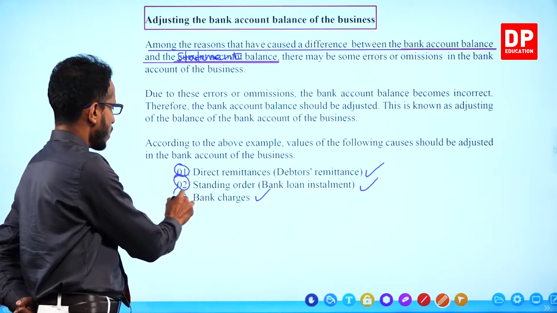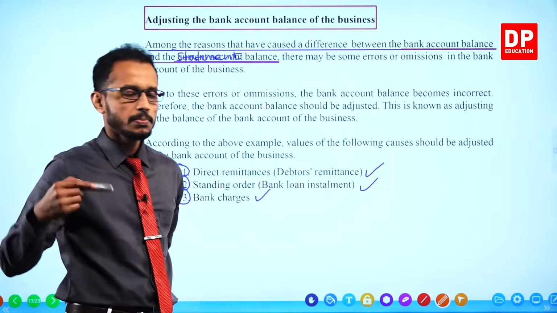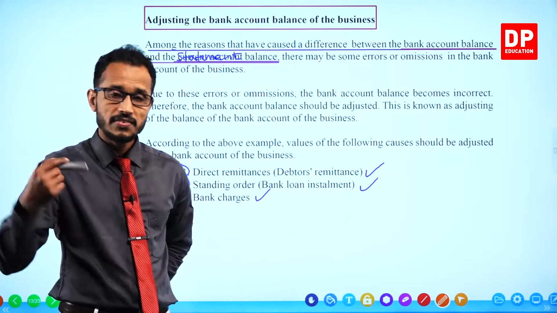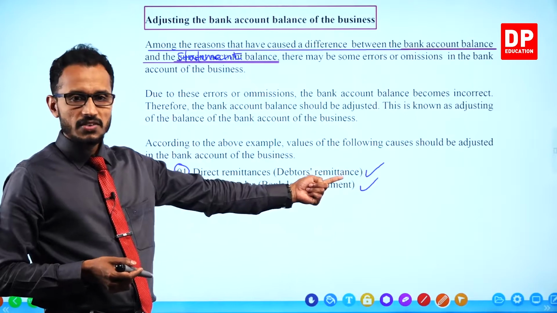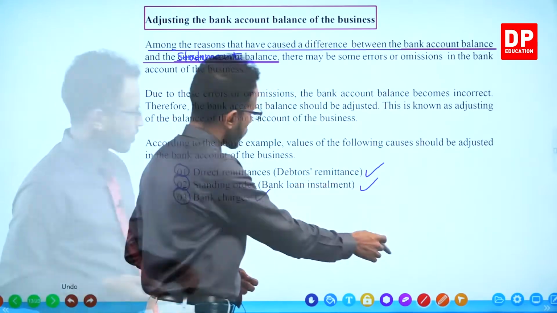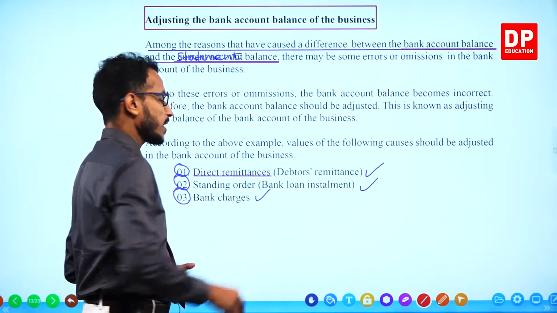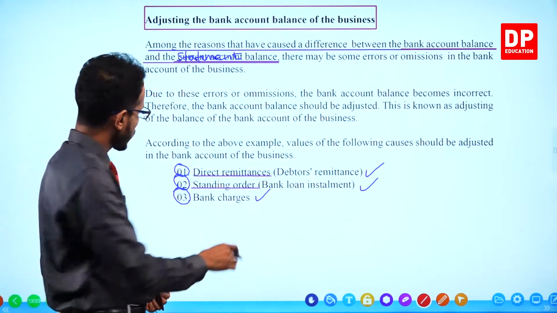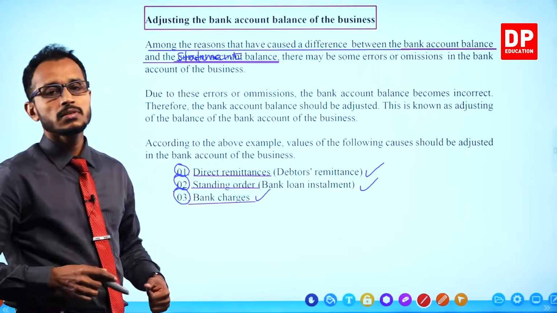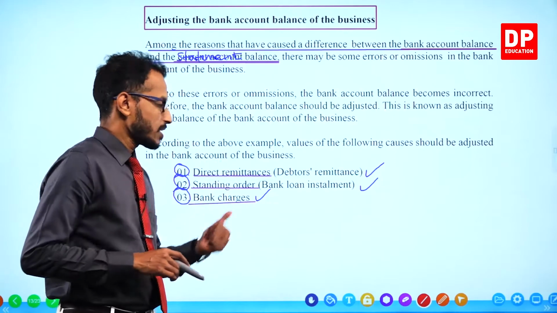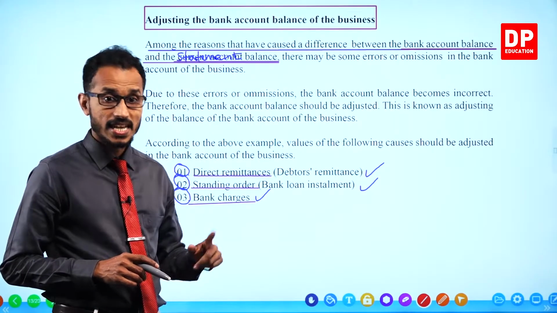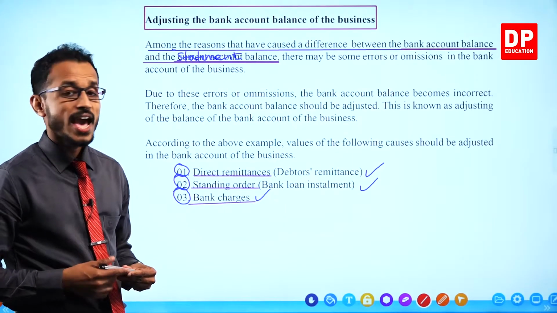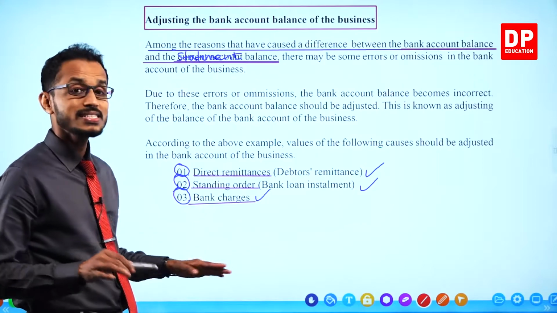Children, those who watched the previous video and learned with me must be familiar with these three. We found these three from the bank statement: the direct remittances, the standing orders, and the bank charges that appeared in the bank statement, and we learned about these three separately.